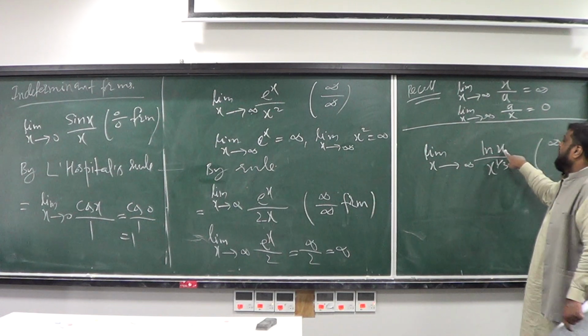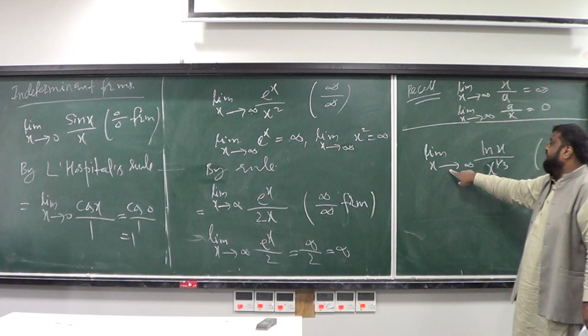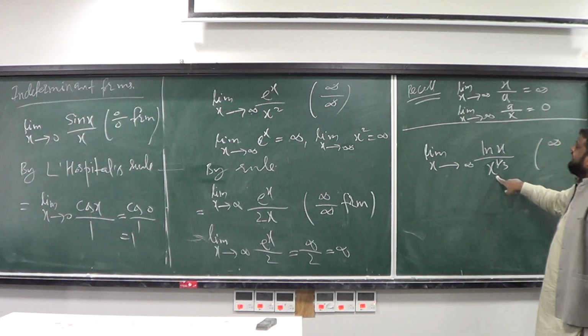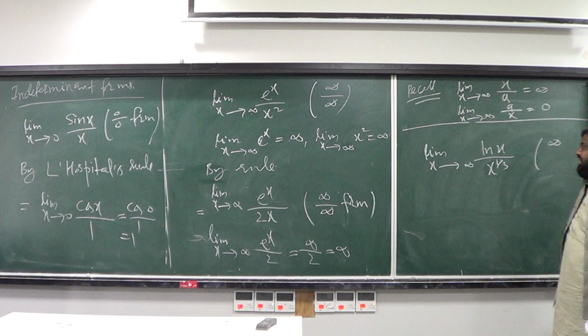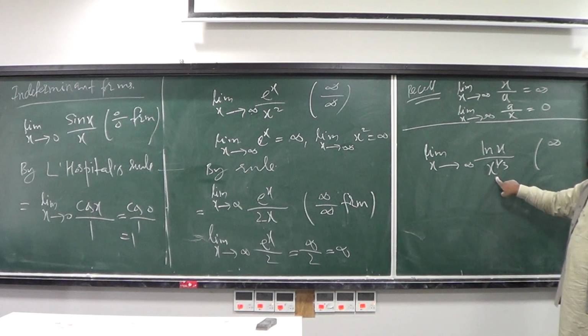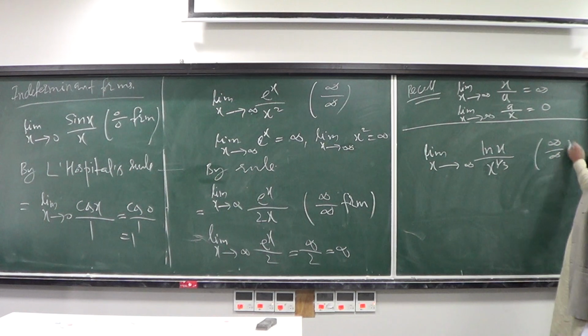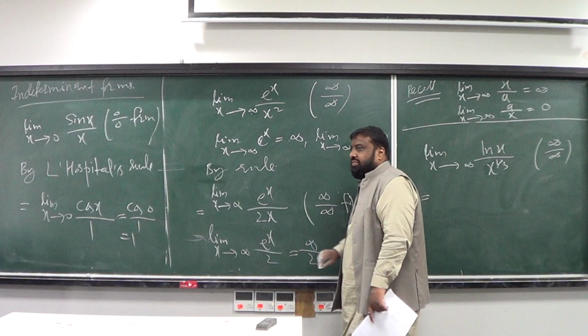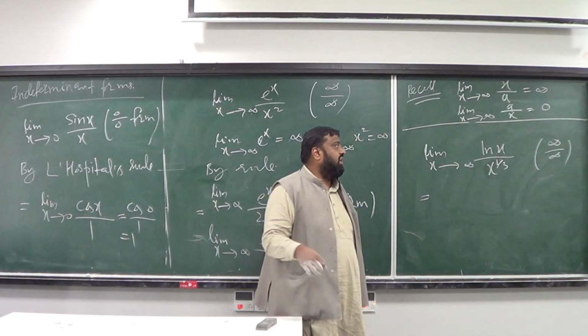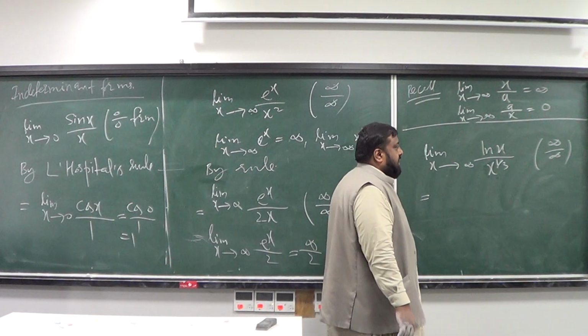What would be the limit of x power 1 upon 3? Substituting infinity into x power 1 upon 3, it's going to be infinity again. So this is like an infinity by infinity form. So what to do next? Apply the L'Hopital rule.